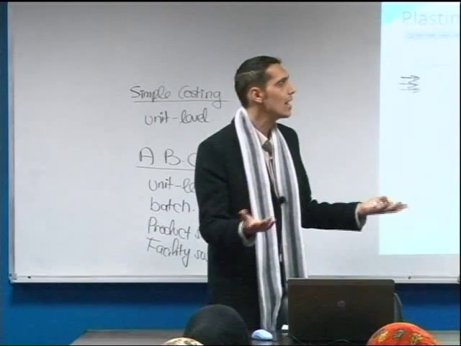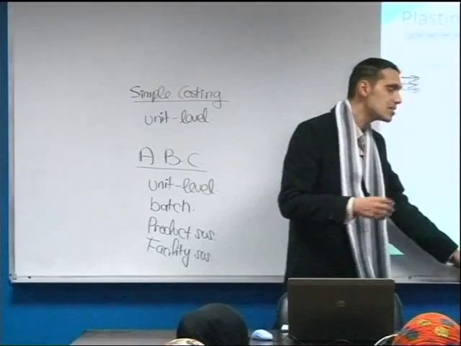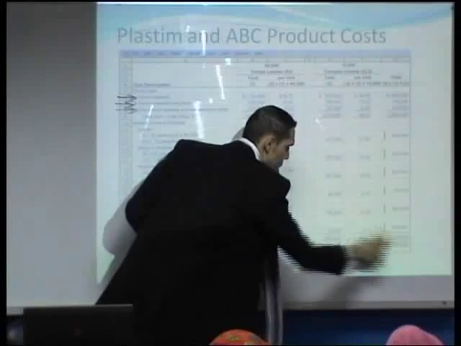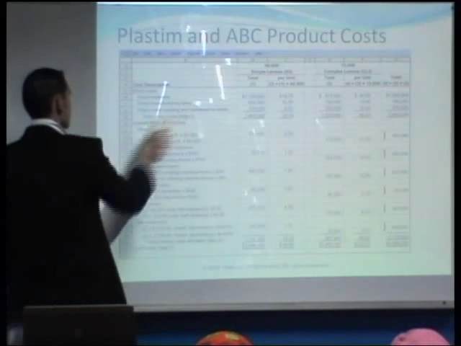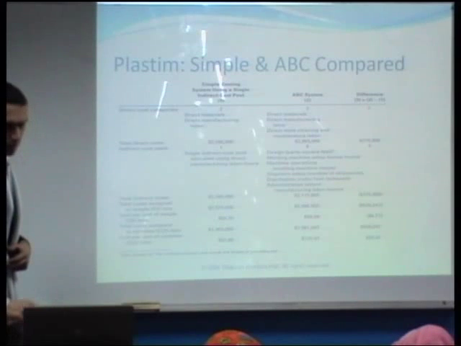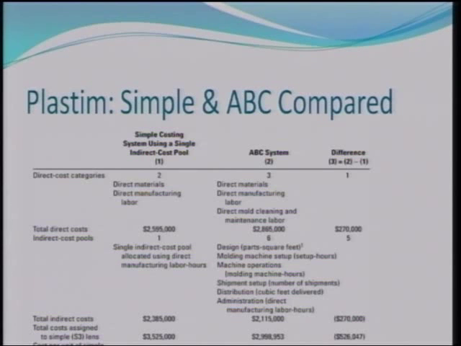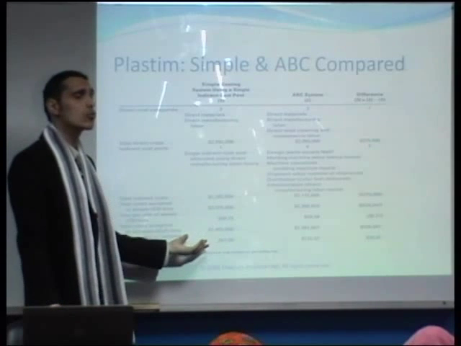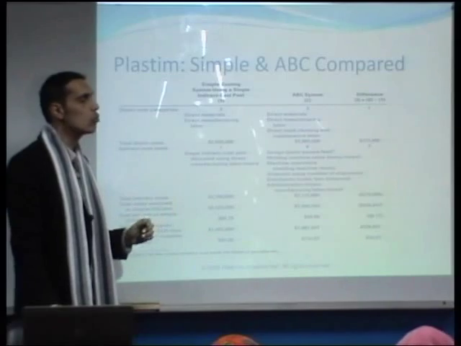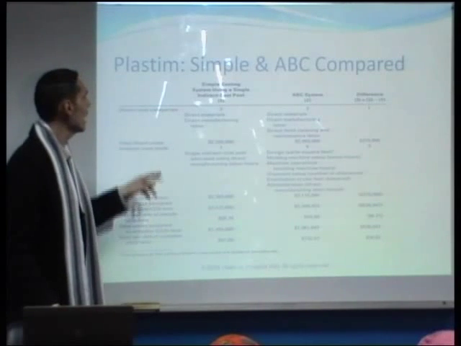Therefore, this is the activity-based costing, and this is the implementation of the activity-based costing. Of course, they give us a summary of comparisons between the two systems for Plastem Corporation, the simple and the activity-based costing. We went through these different points, but let us go through them quickly again.